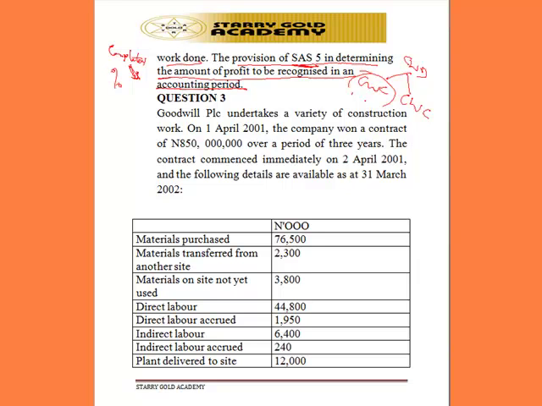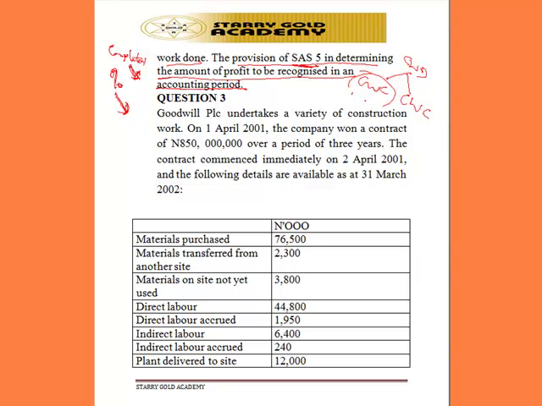The percentage of completion method is used where, although the contract has reached an advanced stage, it has not actually reached a stage where you can fully determine with certainty the profit that will be realized from the contract.